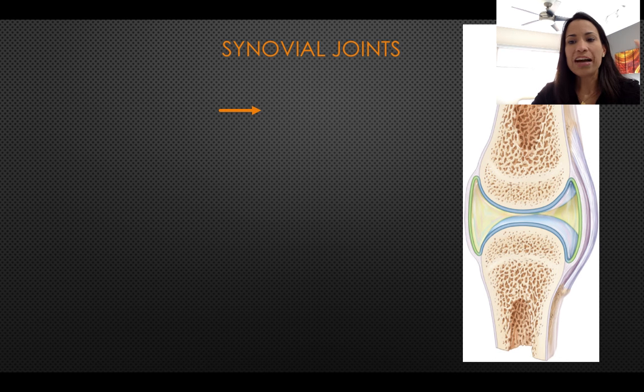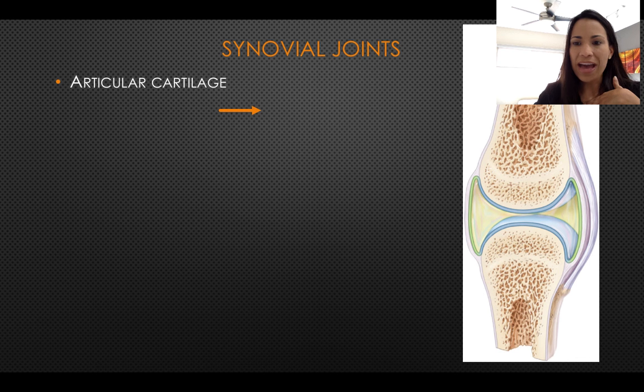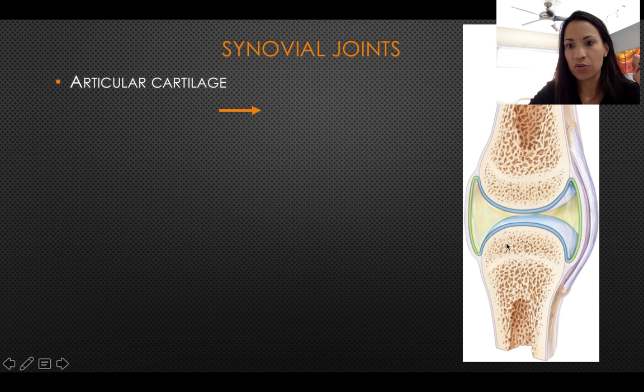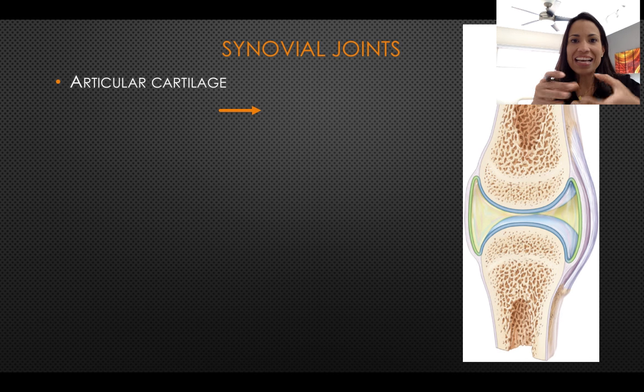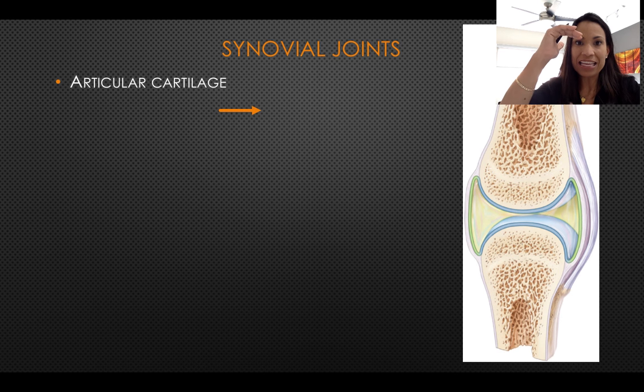Okay, let's now talk about the structure of these synovial joints. So first of all, in this example that we have here on the right of the screen, we have a joint with two bones, okay? Now, these two bones, if you remember from when we were describing bones, we said that they are all covered by periosteum, except at the ends where we're going to find a piece of hyaline cartilage.